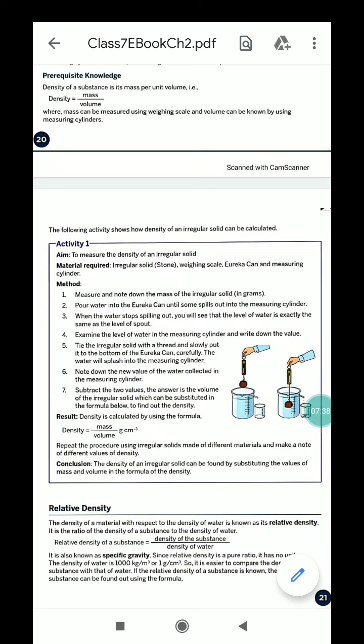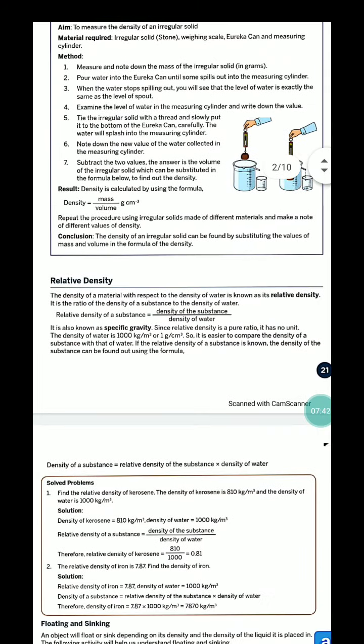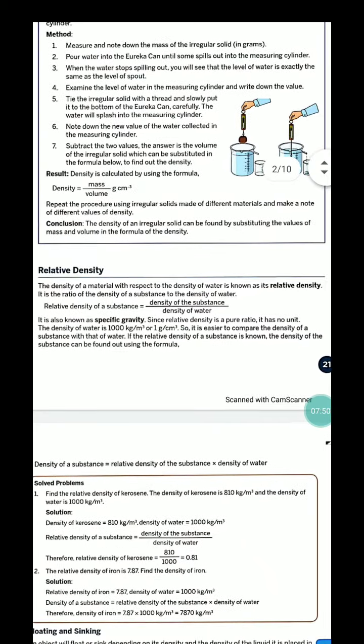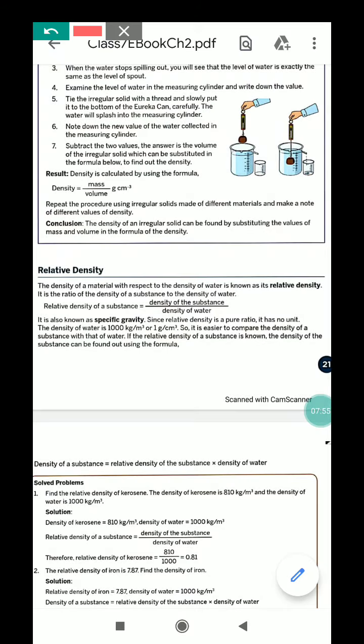Now what is relative density? The density of a material with respect to the density of water is known as its relative density. It is the ratio of the density of a substance to the density of water.